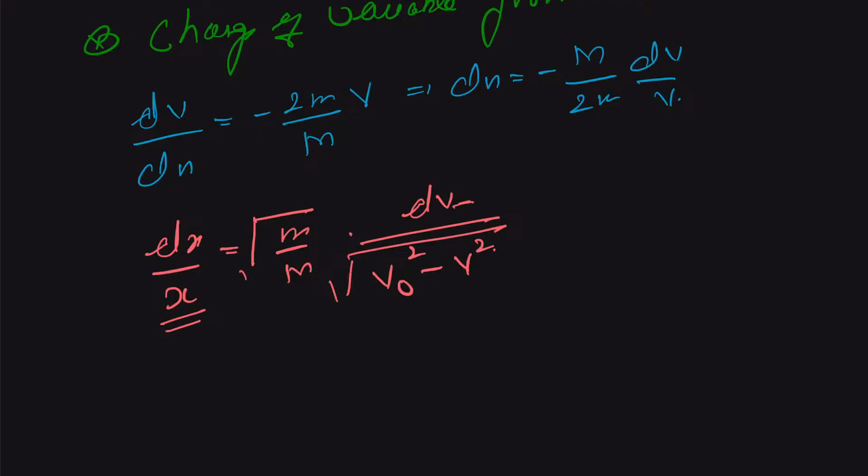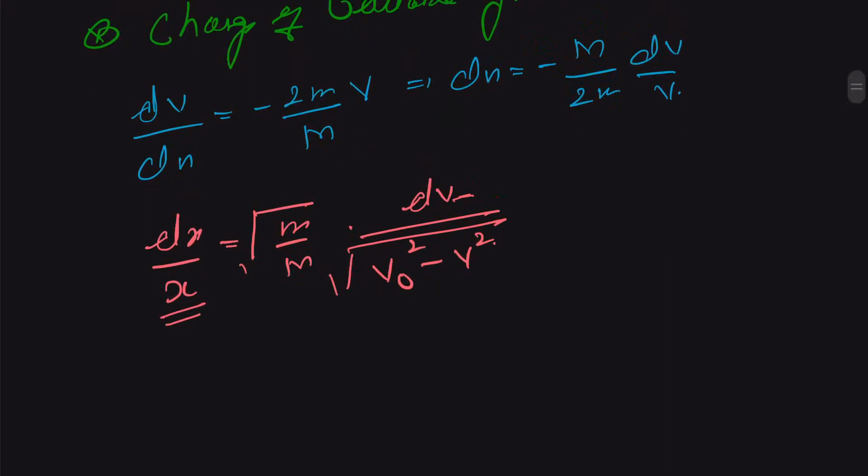So we are just going to integrate it. In the integration, the ball was initially at a distance of L and it travels to a minimum distance of d minimum. With respect to the velocity, the initial velocity is V naught and the final velocity should be equal to 0, because at d minimum it has to stop.